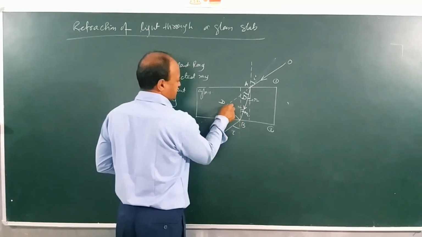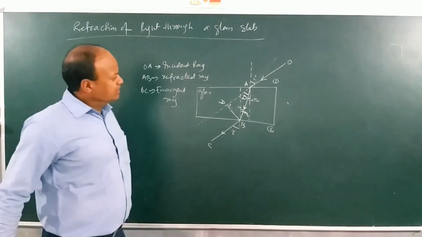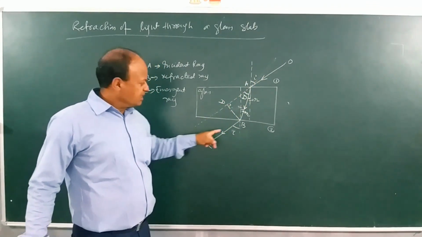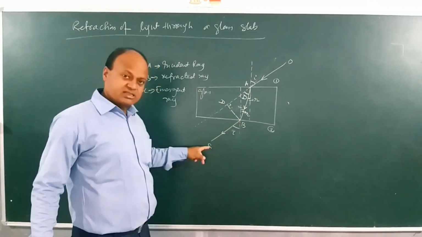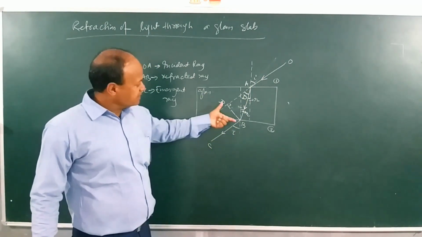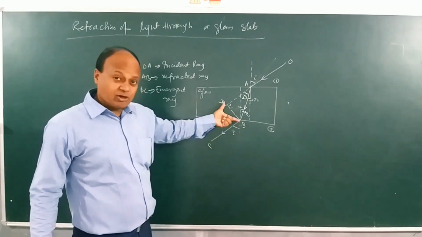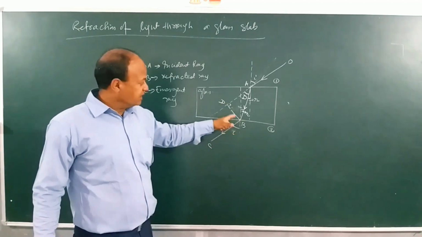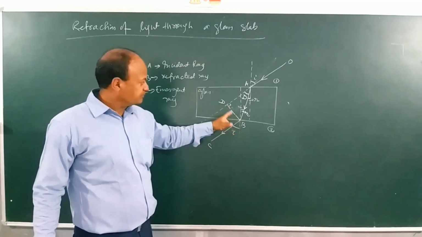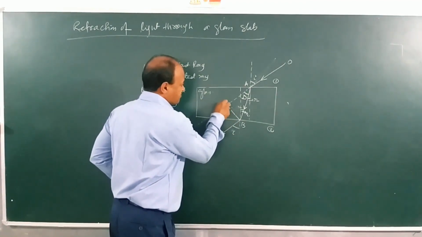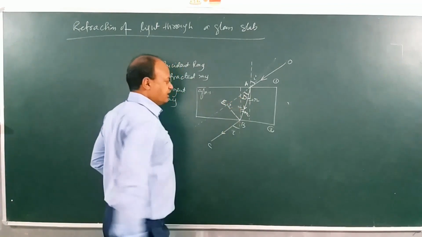This angle is 90. You see, actually, initially the ray was coming like this, but finally the ray has come out like this. Because of refraction, the ray has actually what? Missed its original path by this length. So this length which you see here, I will mark with E. This is the angle of deviation.